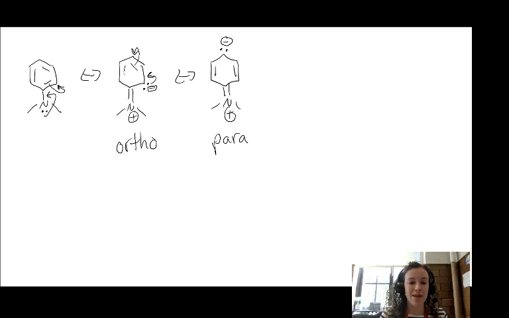So let's talk about the mechanism now. Okay, let's start by drawing our two reactants.